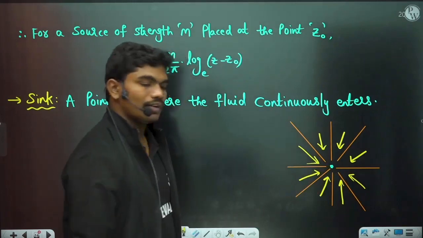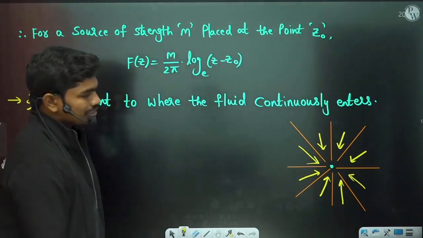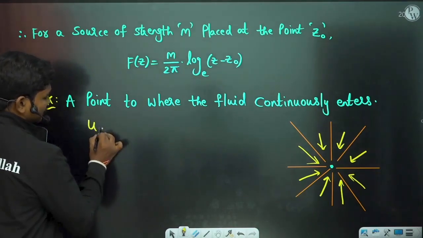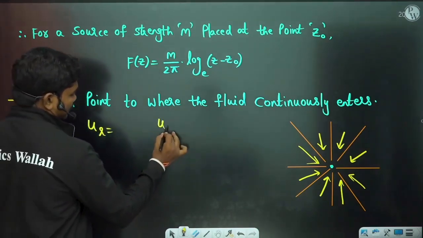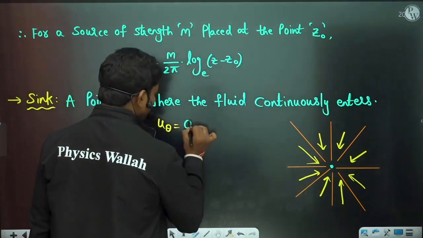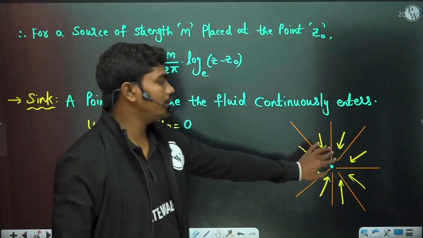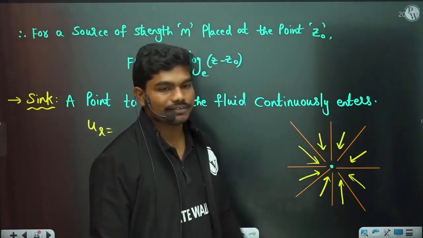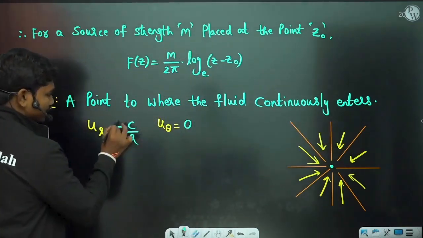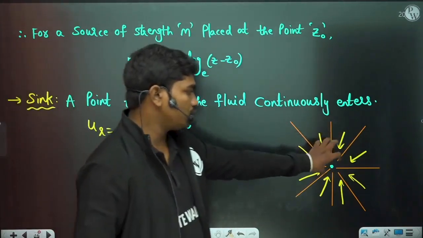Now if you try to analyze one thing, in this case u_r and u_theta. Here also the fluid travels only radially, but the only thing is, instead of the fluid velocity being positive, it is negative. So you will take minus c by r.